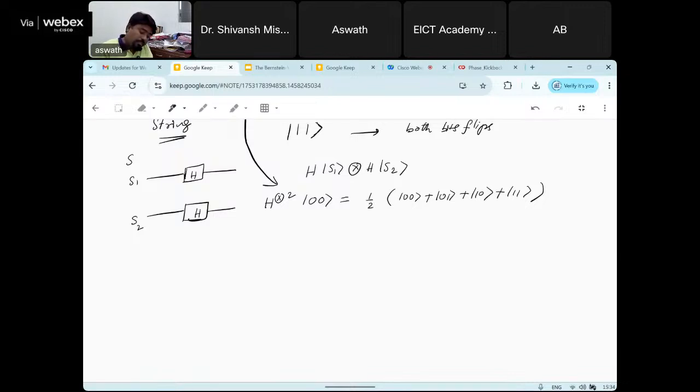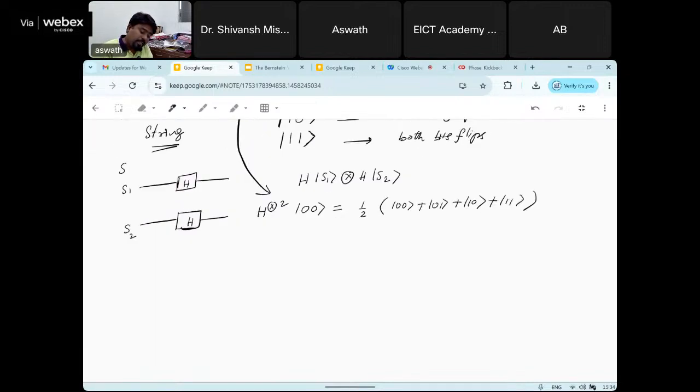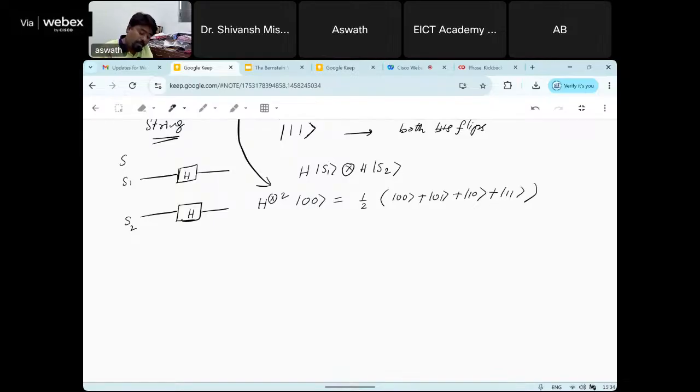Now in the second case, let's say the error is occurring only at the second qubit. So there I'll have 00. You can cross check. The output I get is 00 plus 01 plus 10 plus 11.